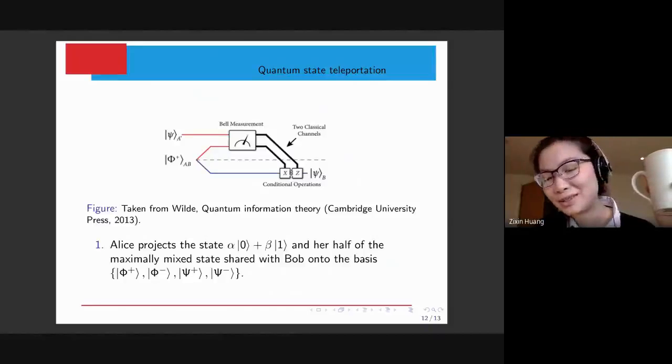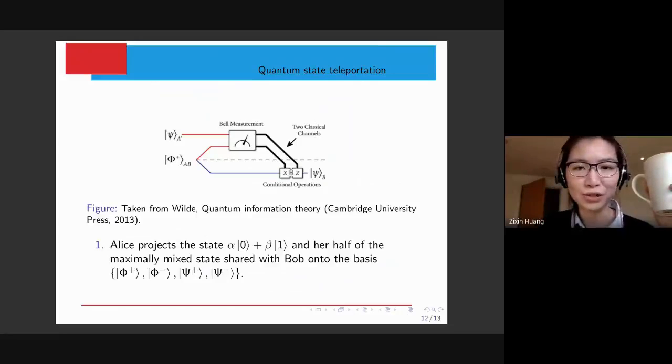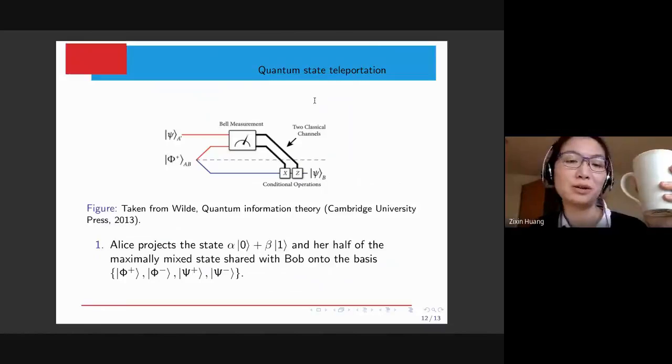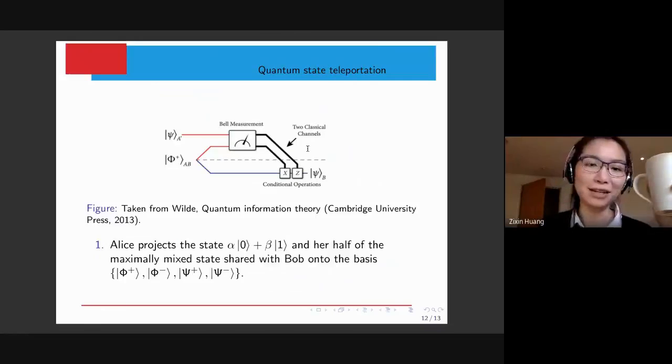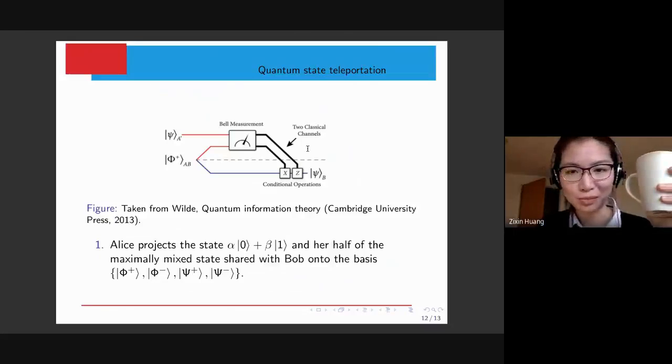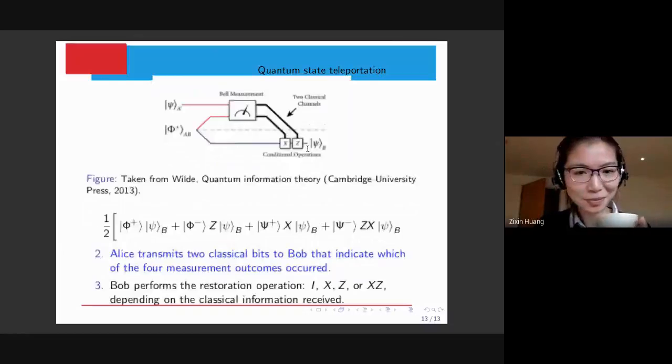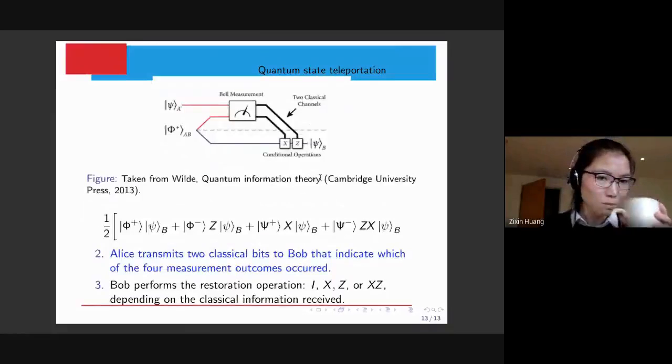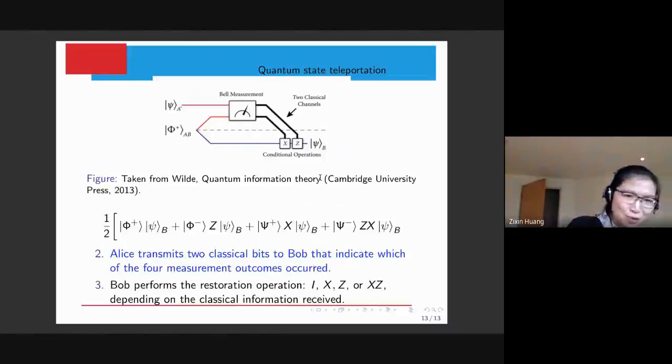So the not so good analogy is that I have to kill you first, and then I'm sending classical information to the other side, and the other side will reconstruct you from whatever information I'm giving them. So yeah, you probably do not want to be teleported. So that's the protocol.